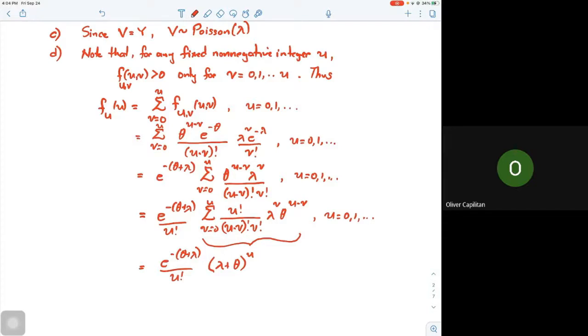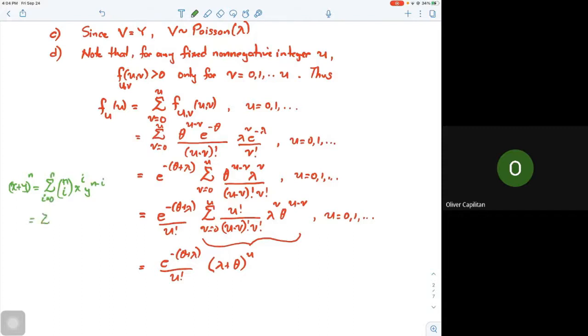Let's say x plus y raised to n is equal to the summation of n choose i, x to the i, y to the n minus i, from 0 up to n.